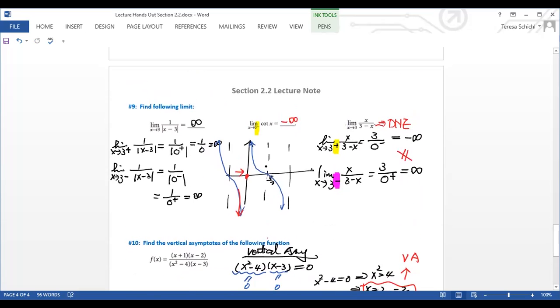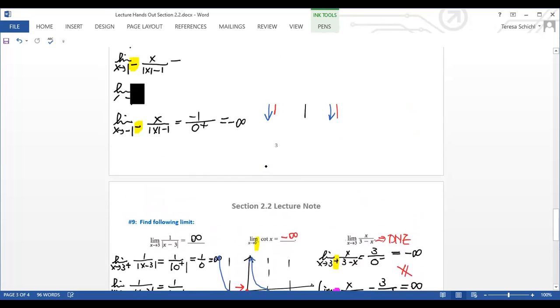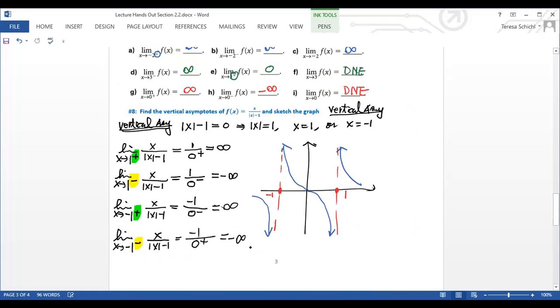And then if you want to see how the asymptote performs and how the graph performs, just like we did in problem number 8, then you need to look at the limits from the right-hand side of the asymptote and from the left-hand side of the asymptote to see how they approach.